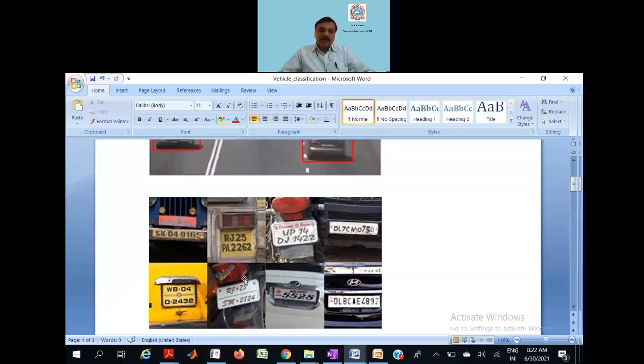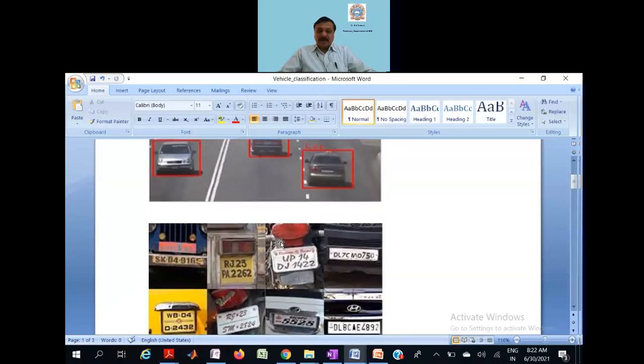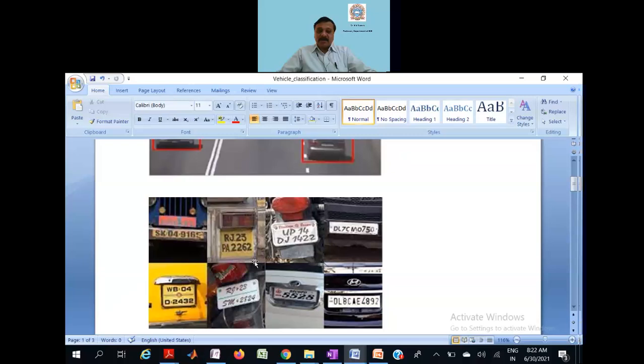So if you want to classify how many personally owned vehicles have moved and how many hired vehicles have moved, I cannot just detect the vehicle. I have to also locate the license plate region, and using the color background, just see whether it is yellow or white. If the background is yellow, you decide that it is a hired vehicle. If the background is white, you decide that it is a personally owned vehicle.